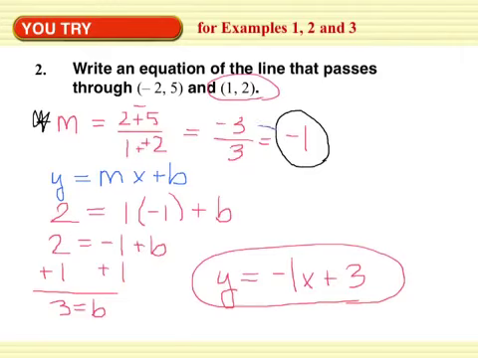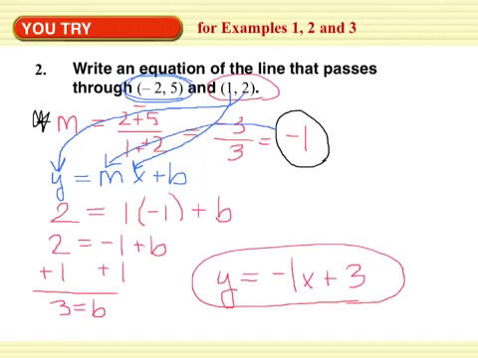I plugged in the slope. I plugged in y and x and solved for b. You could have used this point and gotten the exact same answer. It doesn't matter which point you pick. Plug them in for y and x and m and solve for b.